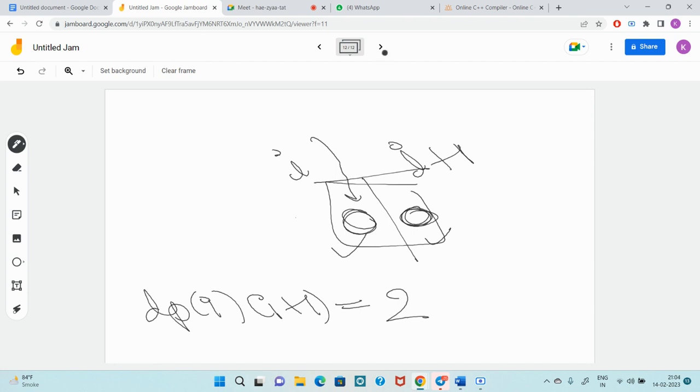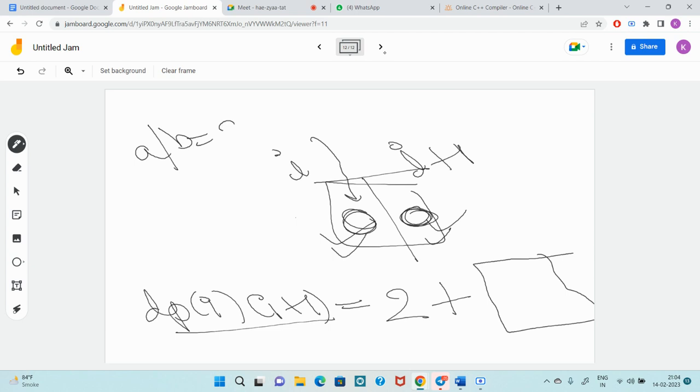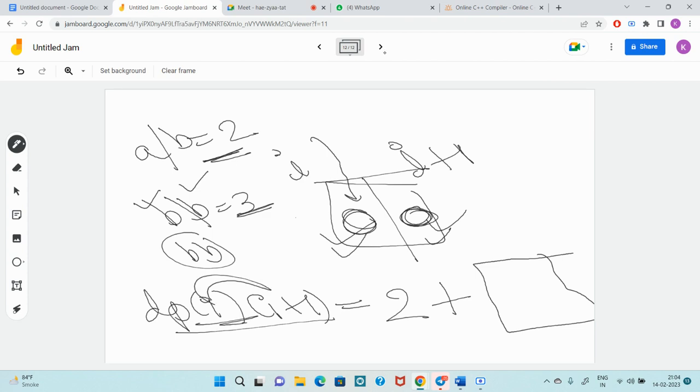From i to i plus 1 there are always two palindromic subsequences guaranteed, one letter each. 2 plus what can it be? If these two letters are not matching, then the answer will be 2. If these two letters are matching, the answer will be 3, because b is a subsequence palindrome, this b is also a subsequence, and bb is also a subsequence. So the answer is 2 or 3 depending on whether i and i plus 1 are matching or not.